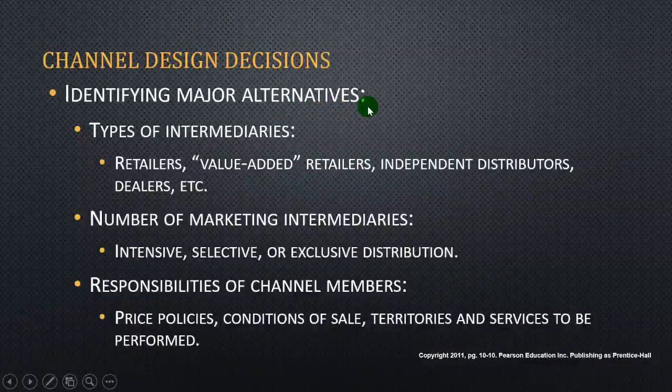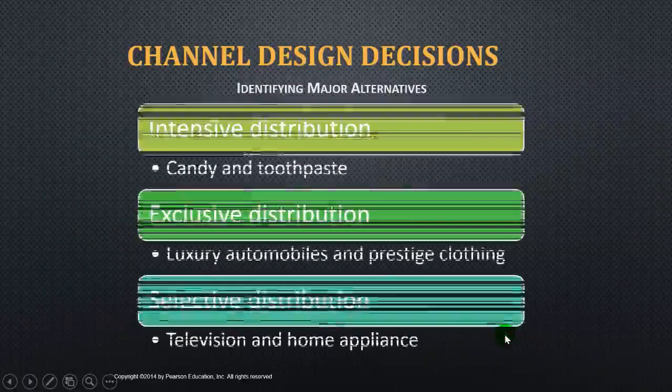Types of intermediaries are retailers, value-added retailers, independent distributors, dealers, etc. Number of marketing intermediaries consists of intensive, selective, or exclusive distribution. Then we have responsibilities of channel members: price policies, conditions of sale, territories, and services to be performed.